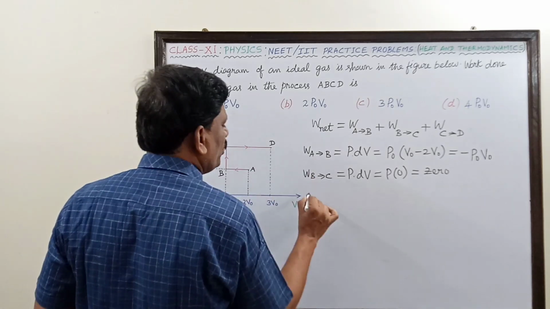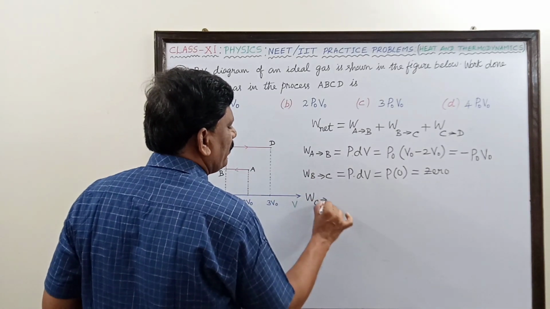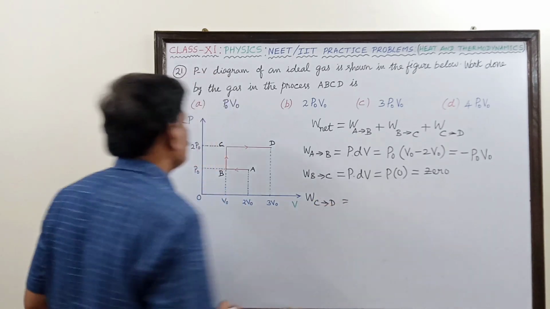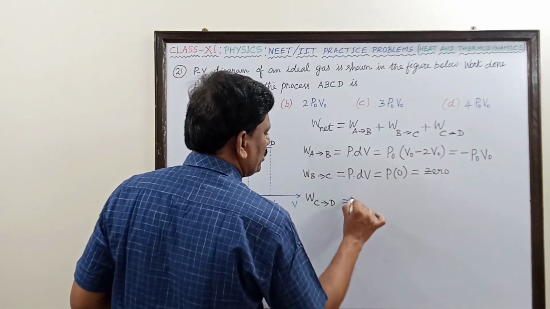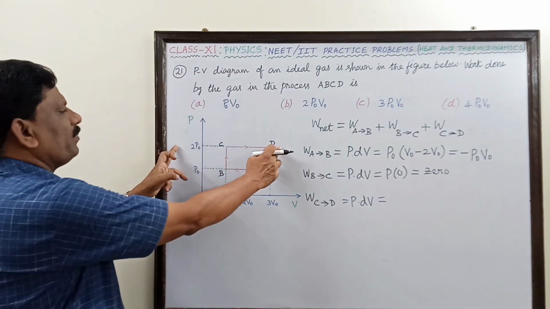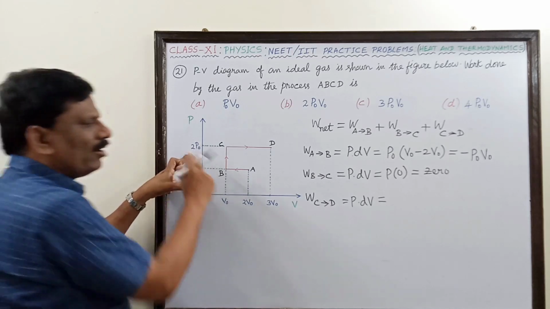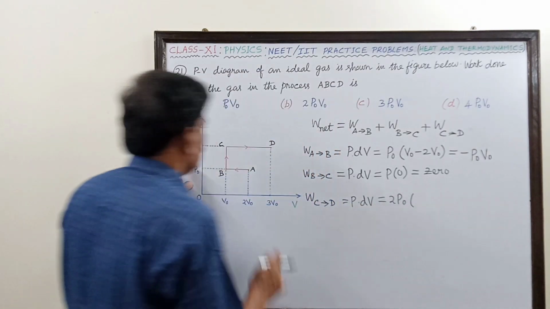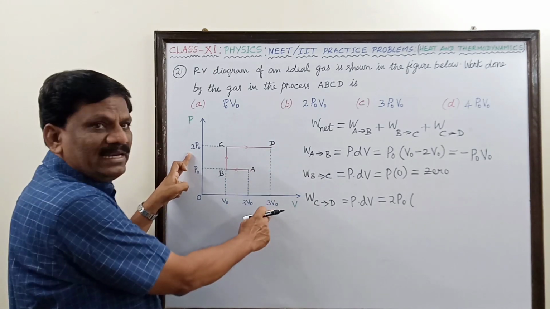Now next is C to D. From the point C to D, what is the work done? Once again, P into dV. You can see here the pressure is 2P0. The final volume at D is 3V0.